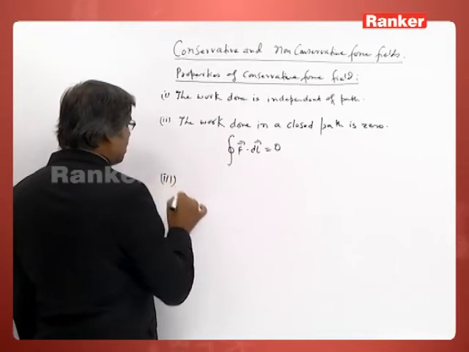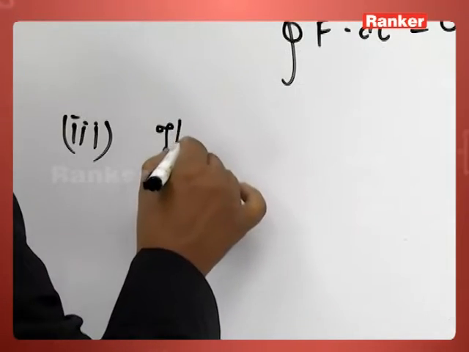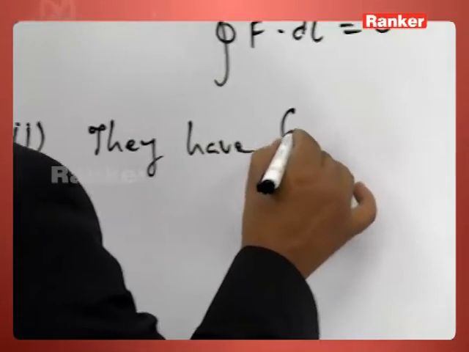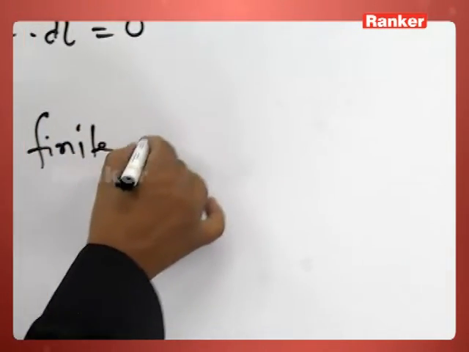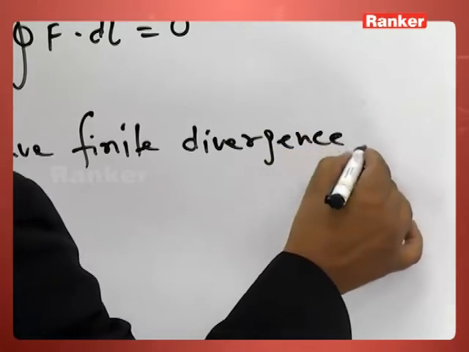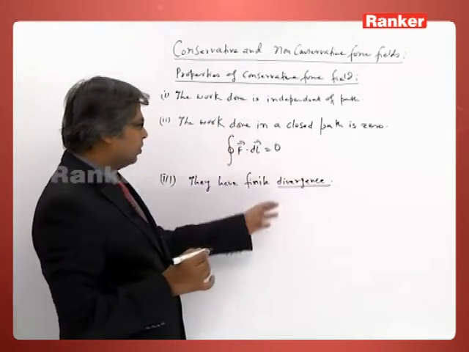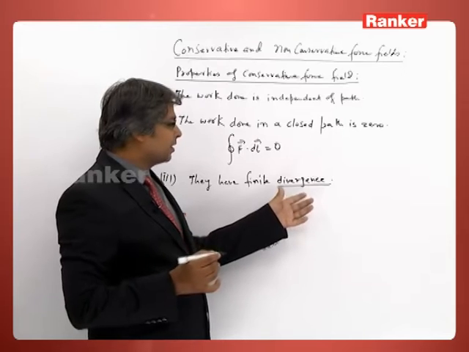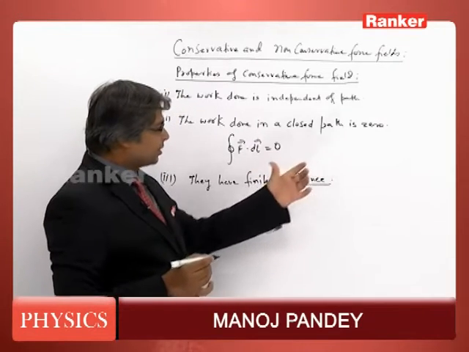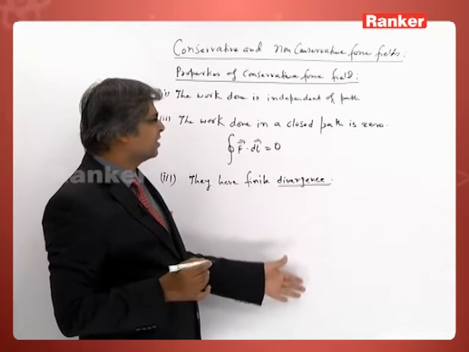Next important property is that they have finite divergence. They have finite divergence, this term. So those students who are preparing for IIT advanced exam, they have to be careful about these 2 points.